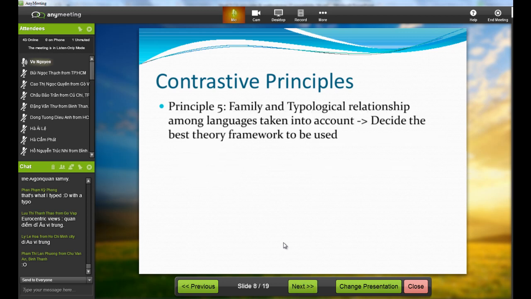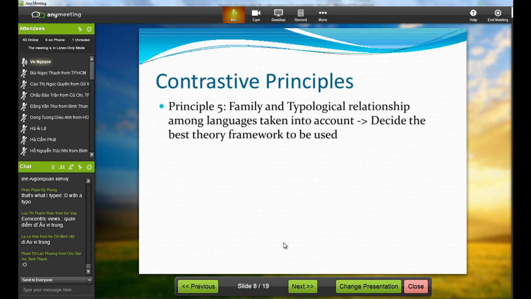Now, the next principle is about families and typology relationships that we need to take into account.